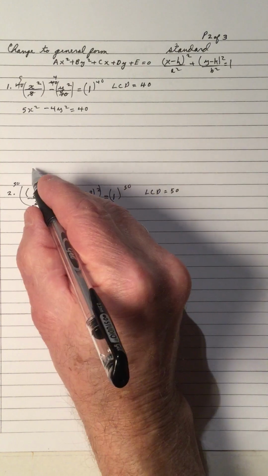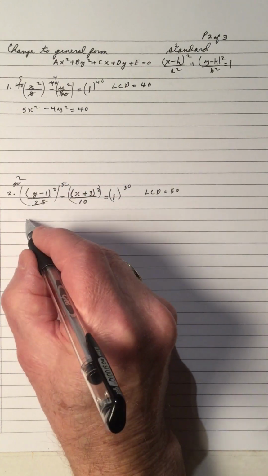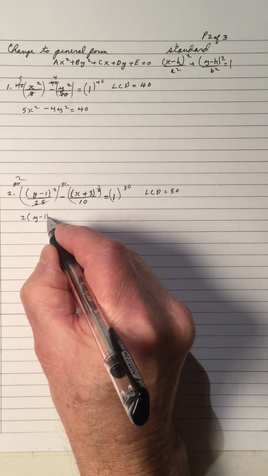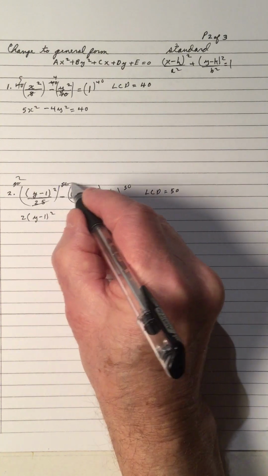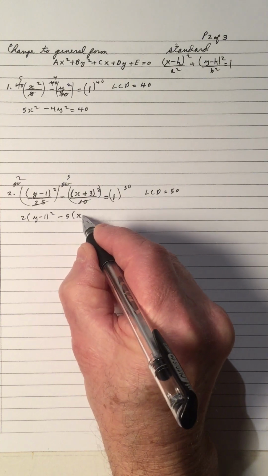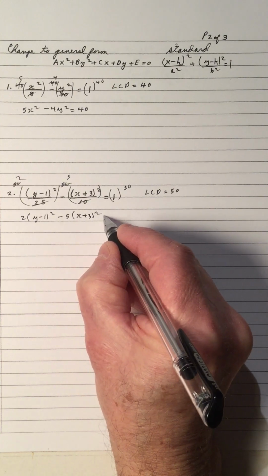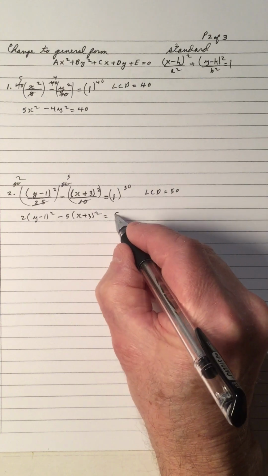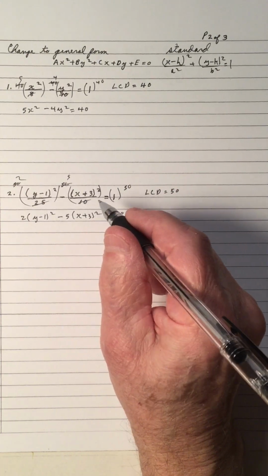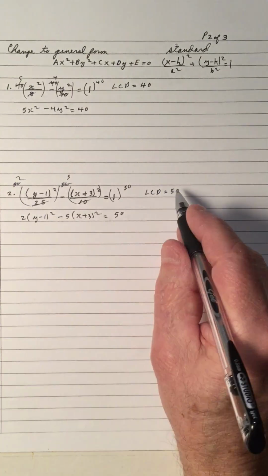So 25 into 50 goes 2, so we get 2 times y minus 1 squared. 10 into 50 goes 5, so we get negative 5 times x plus 3 squared. And 1 times 50 is 50. Again, the LCD between 25 and 10 is 50.